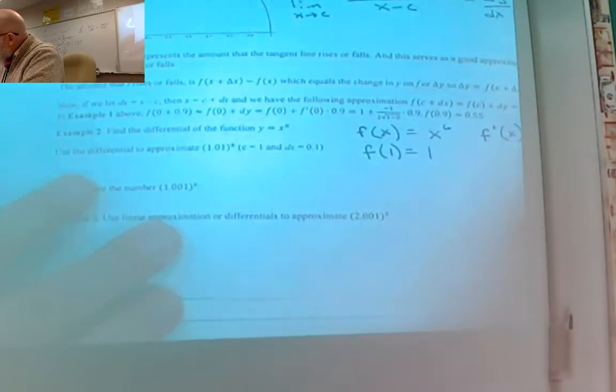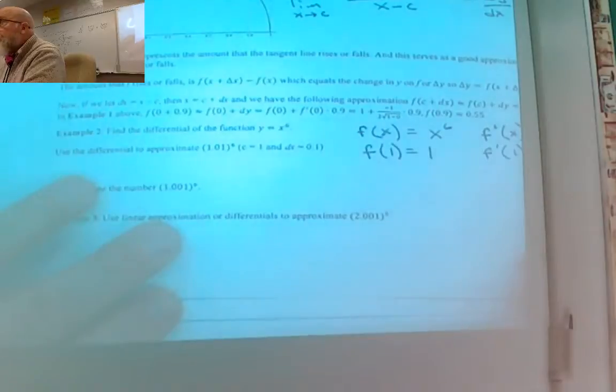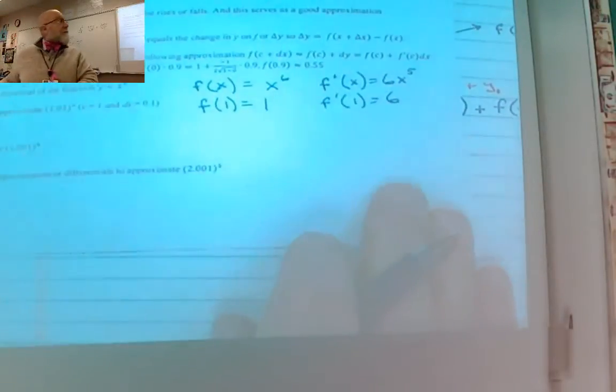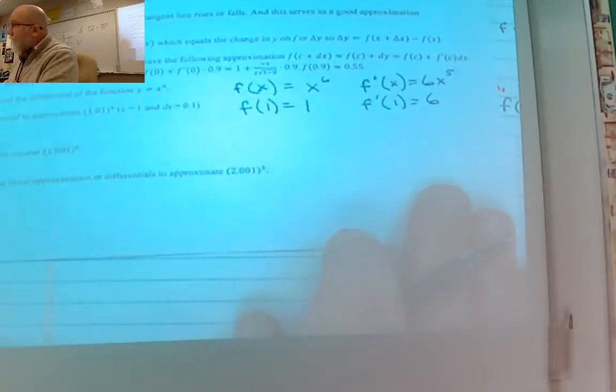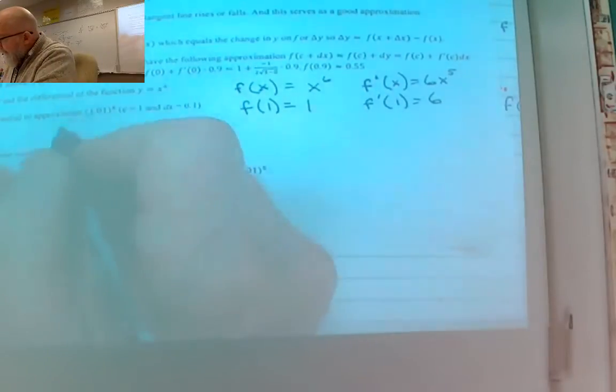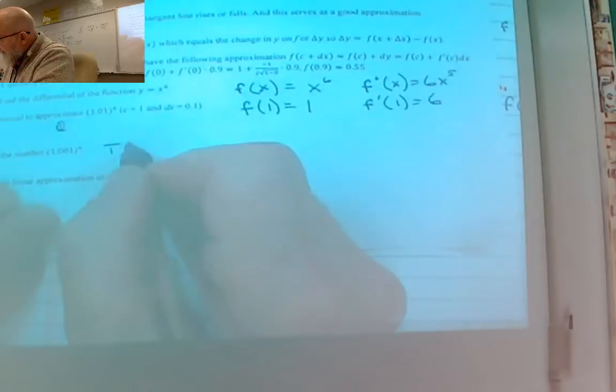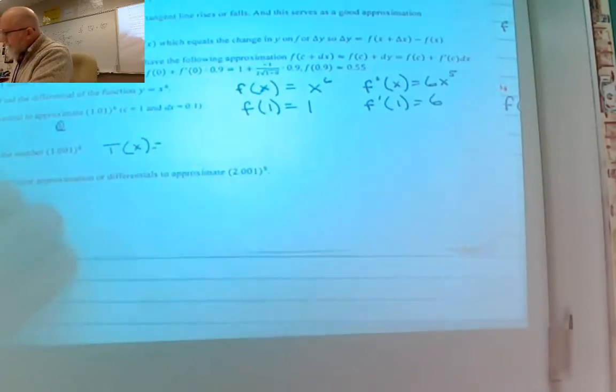6x to the 5th. So what's the slope of the tangent line at 1? 6. Everybody agree? So, Jeremiah, what's the equation of my tangent line? 1 times x minus 1.